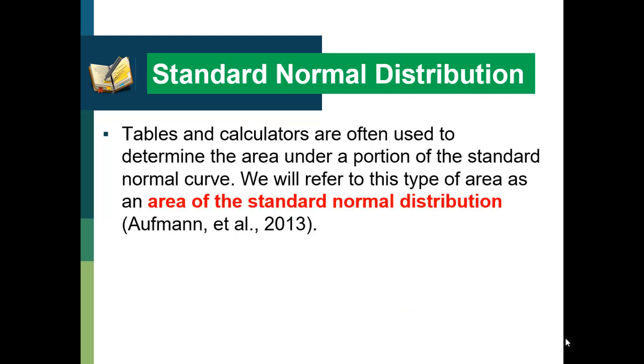Okay? Take note that tables and calculators are often used to determine the area under a portion of the standard normal curve. We will refer to this type of area as an area of the standard normal distribution. Later in this module, we will discover how to find the area of a certain normal distribution.